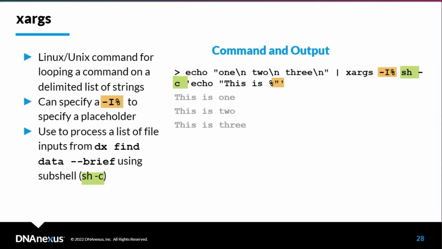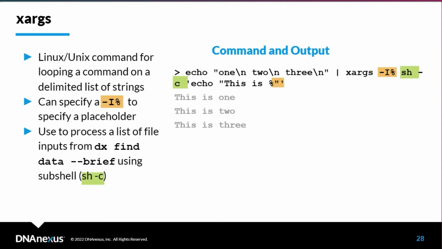So we have a list of files. How do we do things with them? This is going to be a whirlwind tour of Linux or Unix commands. One of our best tools for that is a command called xargs. If we pass a newline-delimited list of things into xargs, it's going to let you loop over that.